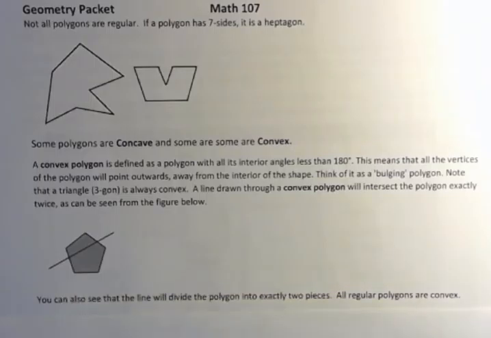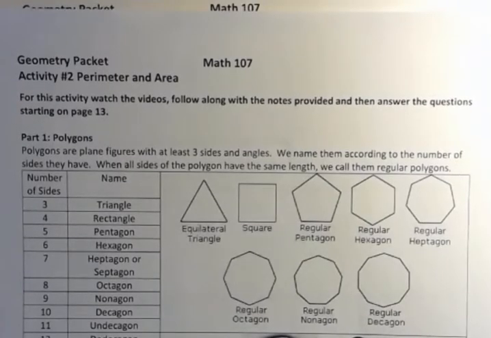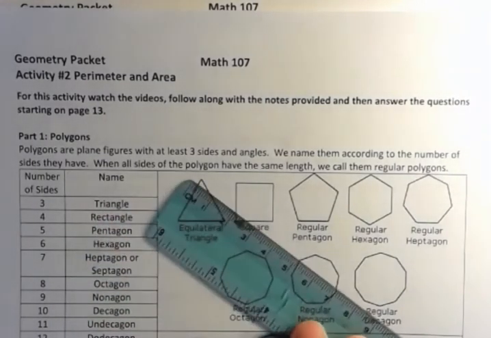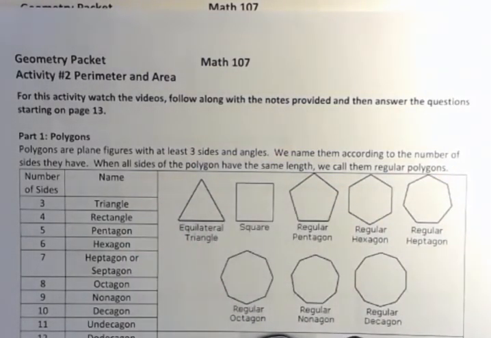So all regular polygons are convex. So all the ones that I showed you on the last page, all of these are convex. Notice that all of them, if I drew a line, I'm only going to touch that polygon twice, no matter where I draw that line, right? So that's a nice way to remember it.